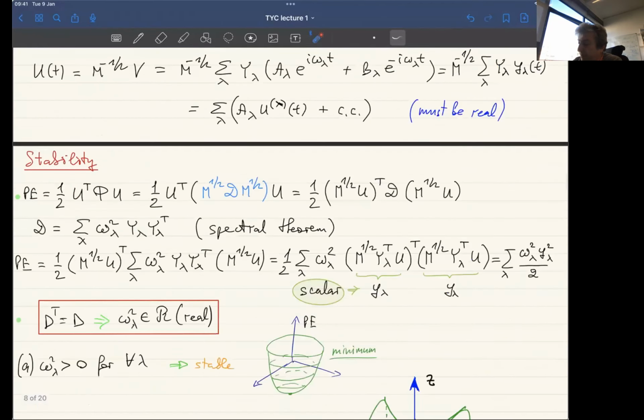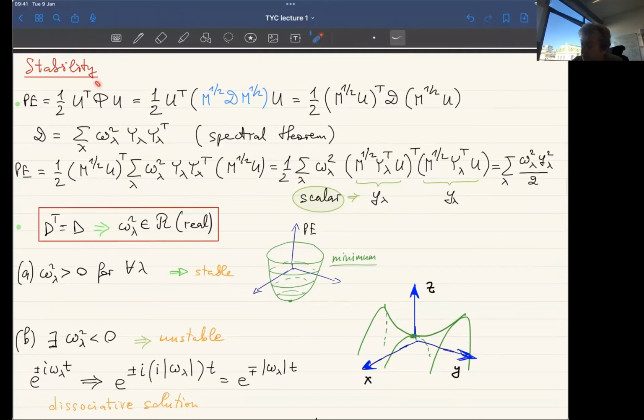This can be seen here. If I write this energy using matrices, this U transposed is the transposed vector of atomic displacements, Phi is the force constant matrix, and U is the column vector of the atomic displacements.